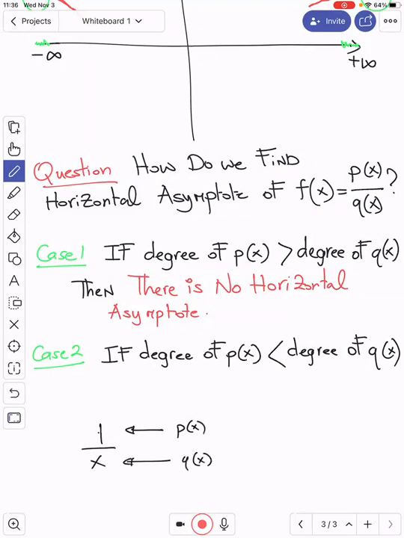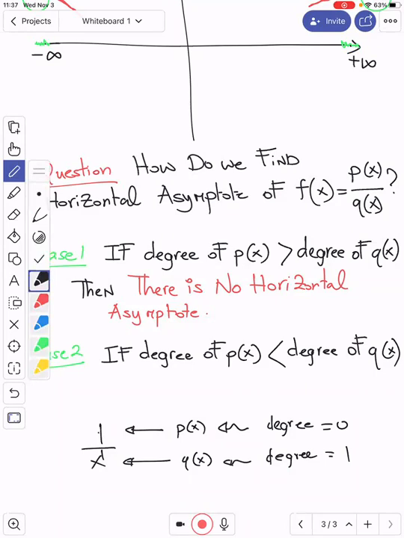The degree of p here is 0, because it's x to the power 0, that's 1. And here the degree is 1, this is x to the power 1. So the degree of p is less than the degree of q, 0 is less than 1. And the horizontal asymptote we had is the x-axis, that's y equal to 0.